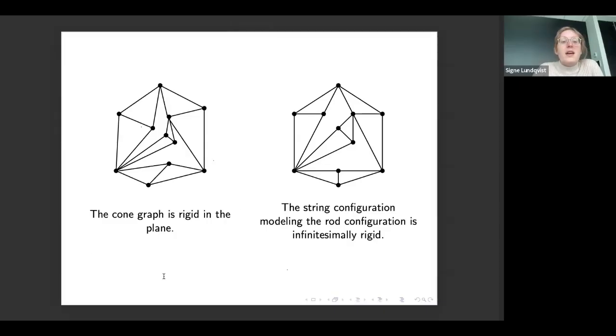So in pictures, the cone graph is rigid if and only if the realization on the right is rigid, provided that the realization on the right exists and is sufficiently generic.